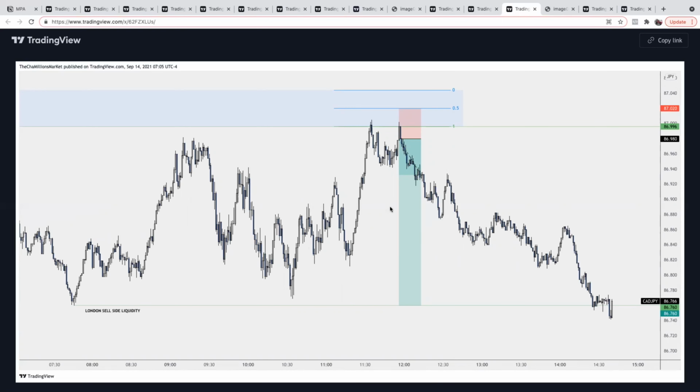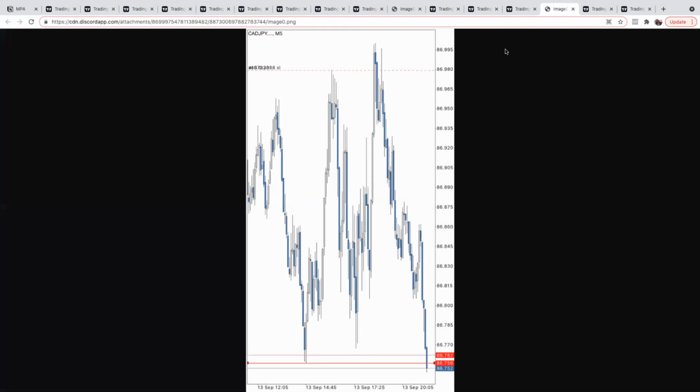Because now it's to the point that, okay, where is the most liquidity in the market at this point? So I knew London had just previously ran sell side liquidity, right? So I knew that there could potentially be liquidity below this low. And here's the entry for that sell there.